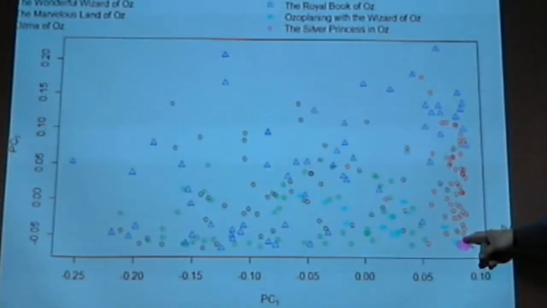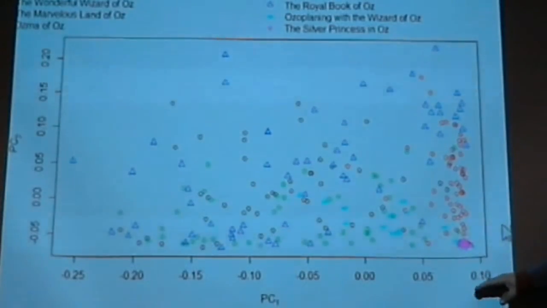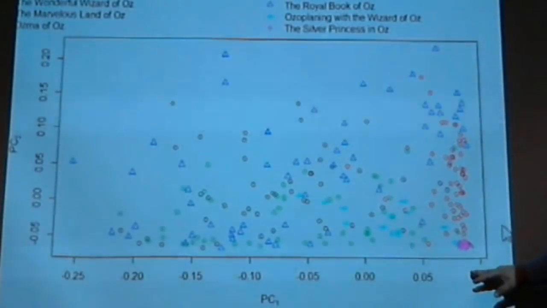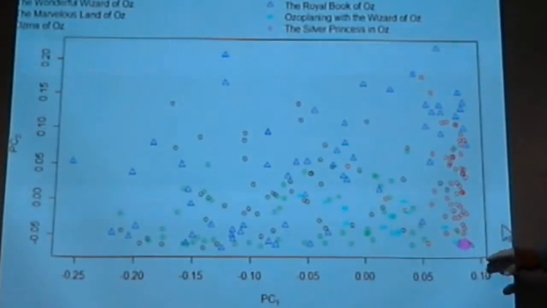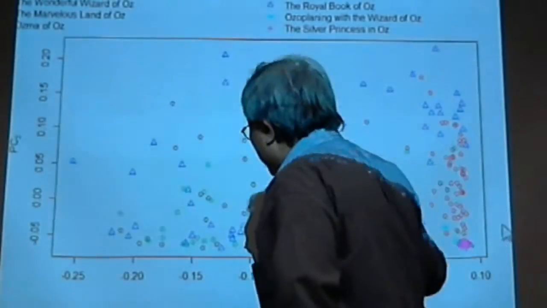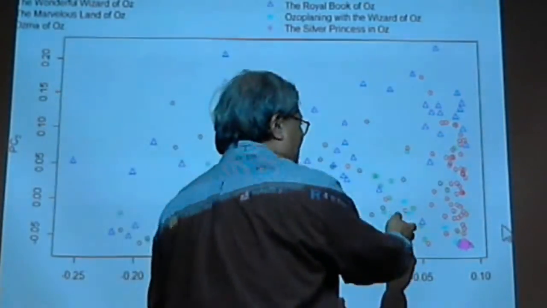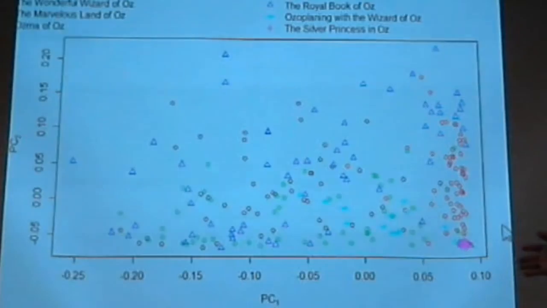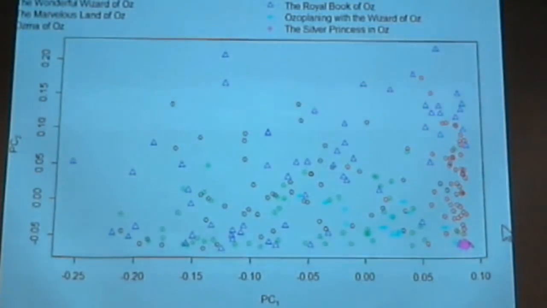It is very crowded here, so it is mostly explained by just one principal component alone. You can see that, right? It's just sort of crowded to that, but still, this is hard to explain.